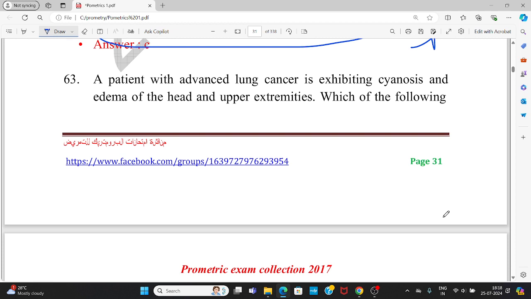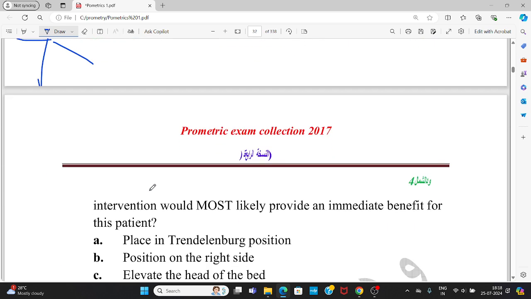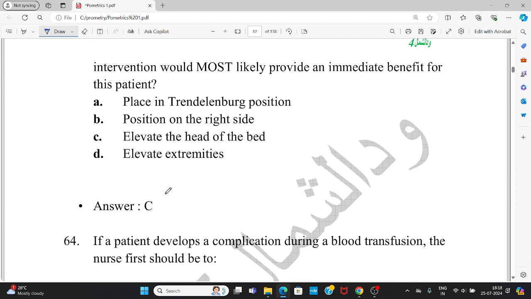A patient with advanced lung cancer is exhibiting cyanosis and edema of the head and upper extremities. So the patient has lung cancer and edema of the head and upper extremities. Which of the following interventions would most likely provide an immediate benefit for this patient?